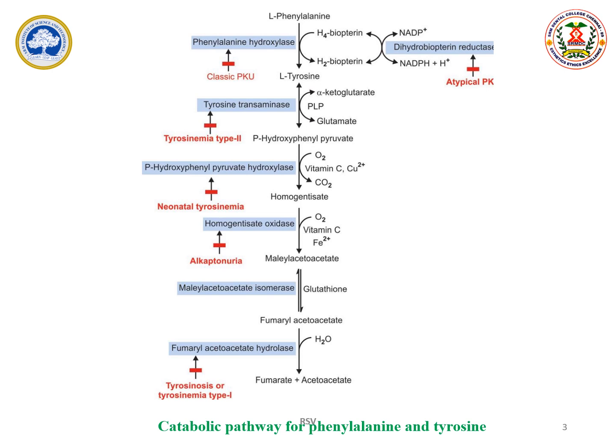In the fourth step, homogentisate is then cleaved by oxygen to yield 4-maleylacetoacetate.